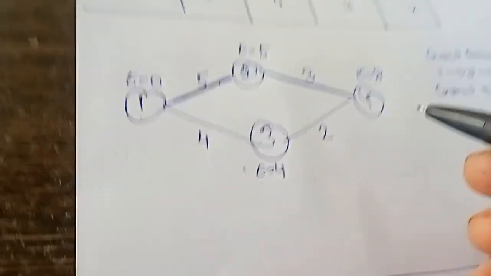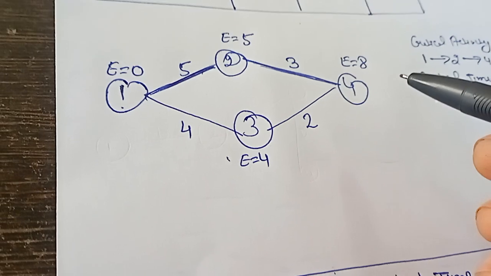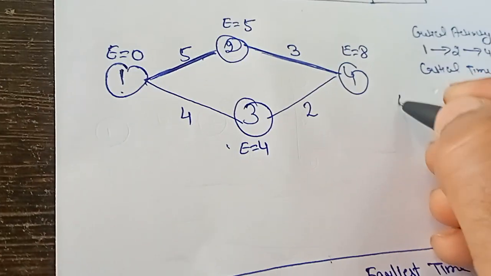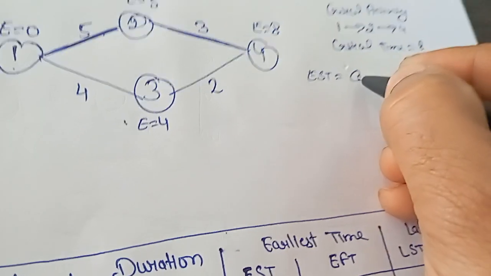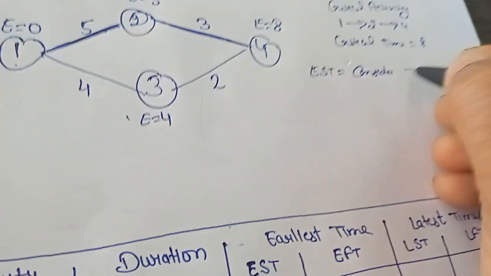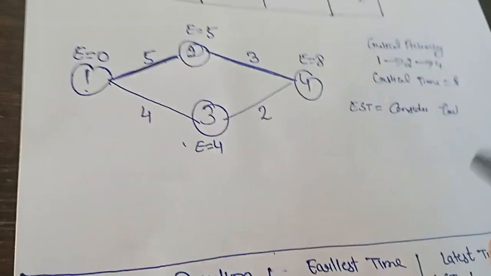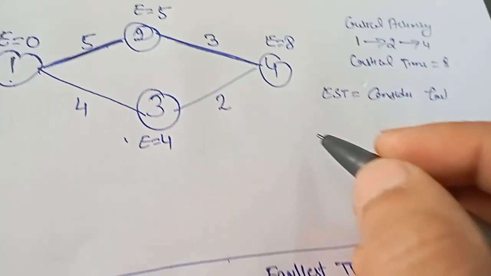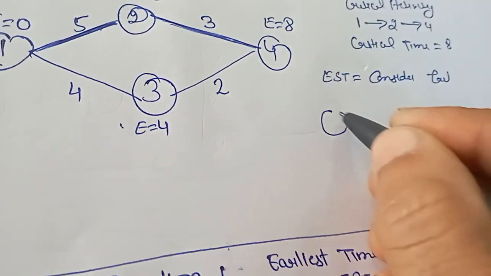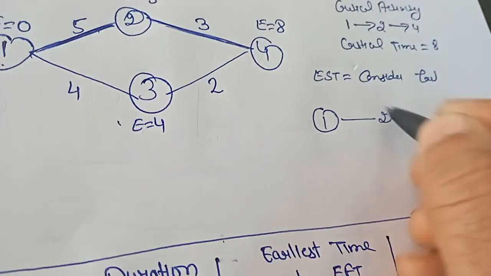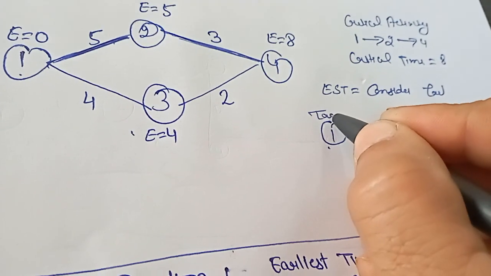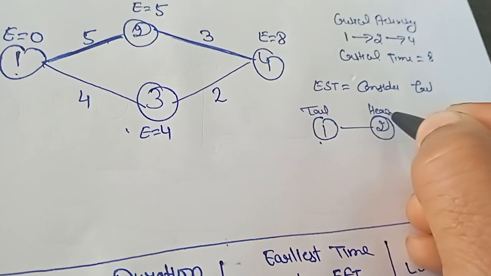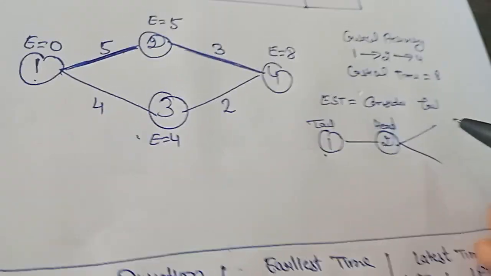Now we calculate the earliest starting time. When we calculate the earliest starting time, we consider the tail event. In activity 1, 2, when we start from this point, this is tail and this is head.